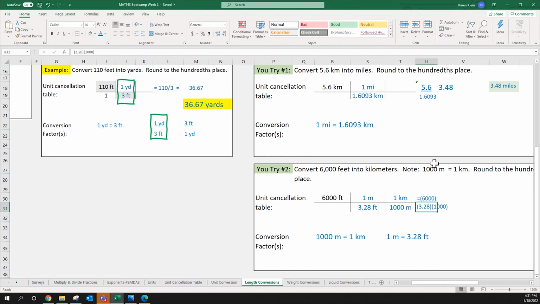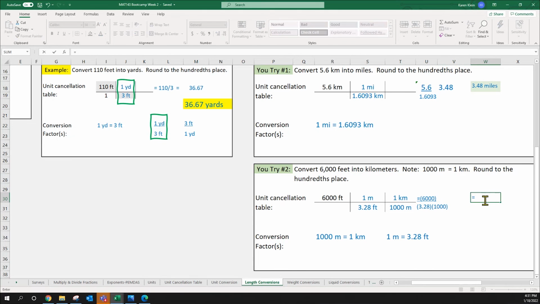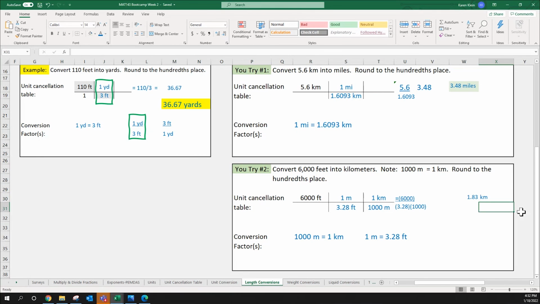So now I'm going to have to calculate this. So this is going to be equal to 6,000 divided by parentheses 3.28 times 1,000. We end up with 1.829. We're going to round that to 2 decimal places, and we get 1.83 kilometers.